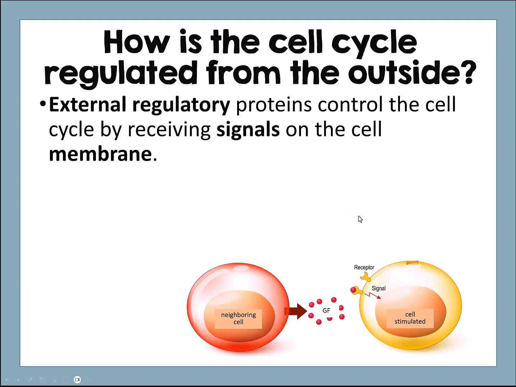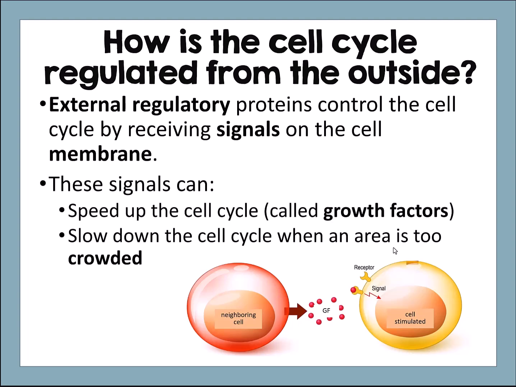You can see in this picture there are receptors on the cell membrane, and those receptors receive signals from neighboring cells that determine whether the cell should continue growing and dividing or whether it should stop. These signals can speed up the cell cycle, and those are called growth factors, or they can slow down the cell cycle when an area is too crowded.